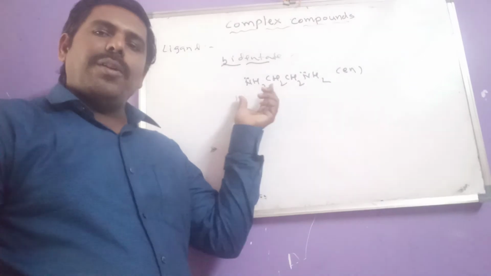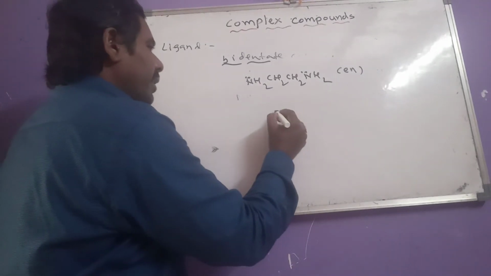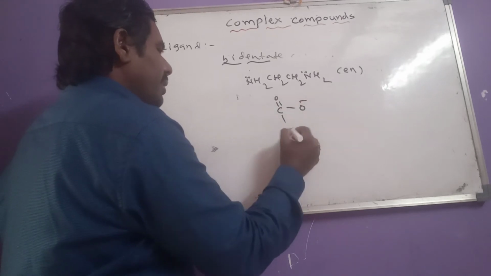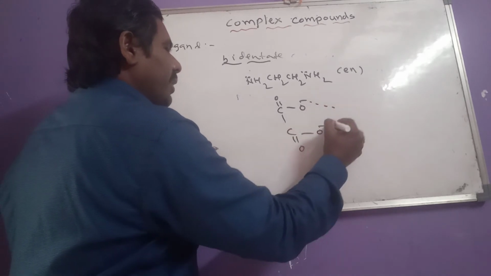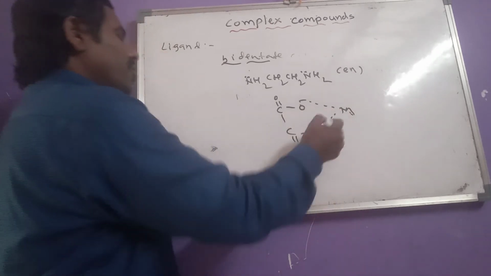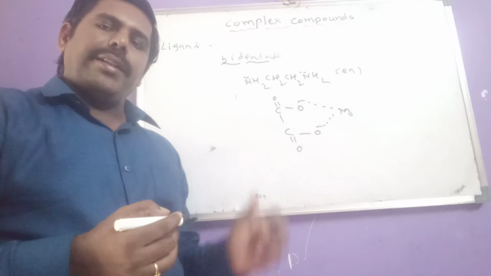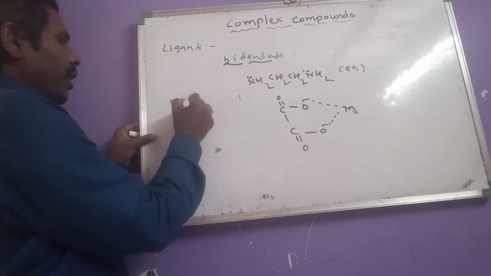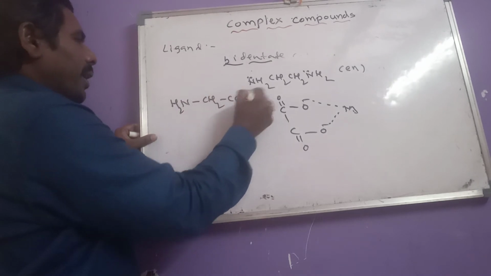This is an example of a bidentate ligand. Another one is oxalate, COO-, COO-, which can donate a lone pair of electrons to the metal, so the oxalate ion comes under bidentate. Another one, glycinato, formula NH2CH2COO-.